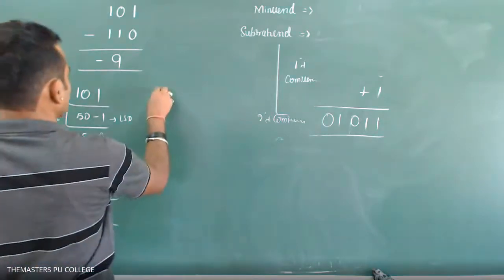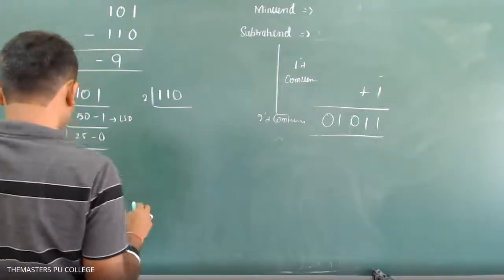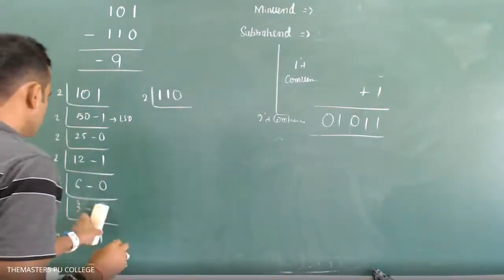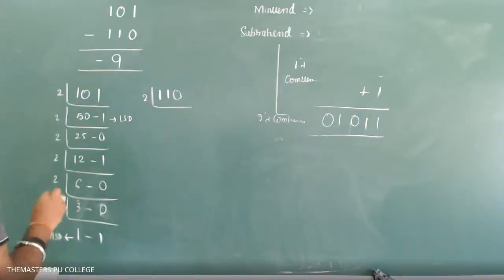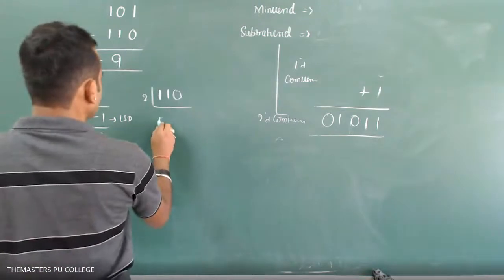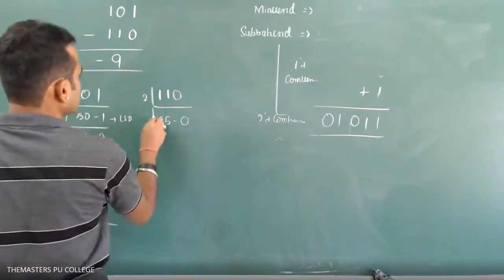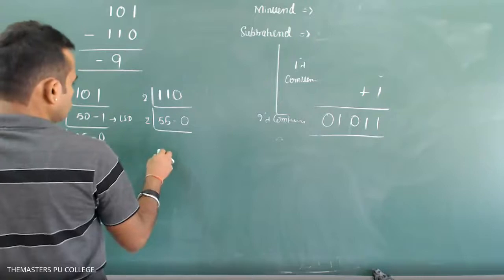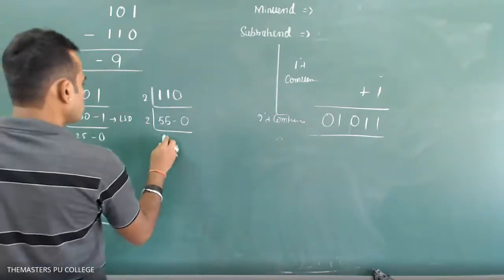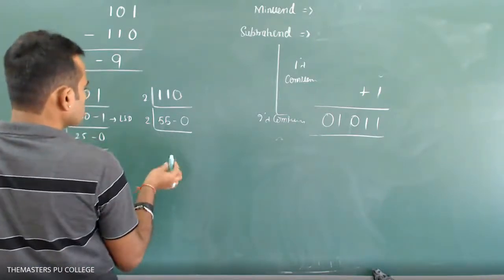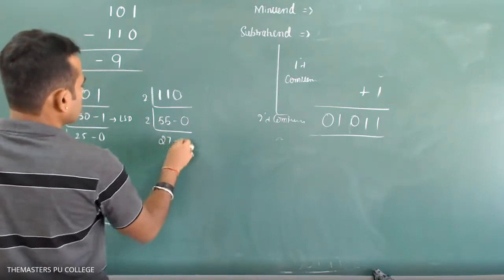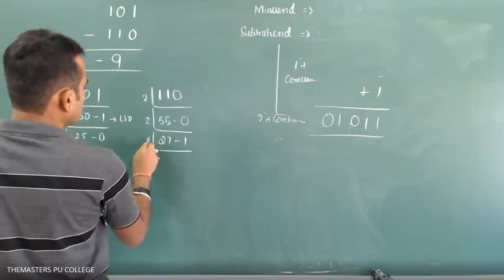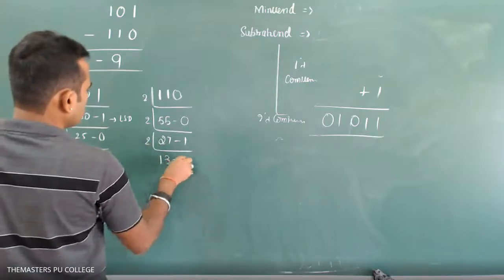Okay, so then what about this 110? So 2 3s are 0 remainder. 6 are. 2 1s are 2, remainder is 1. Okay, so 55, remainder 0. 27 are remainder 1. 2 13 are remainder 1.